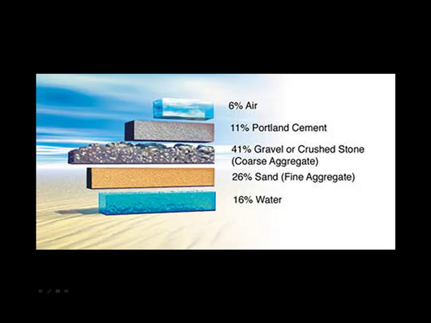Now, what I learned early on was a ratio of 1 to 2 to 3.5. It served me well whenever I had to mix a little concrete in the backyard for a fence post. It would be 1 shovelful of cement, 2 shovelfuls of a fine aggregate, usually sand, and 3 shovelfuls of a coarse aggregate.